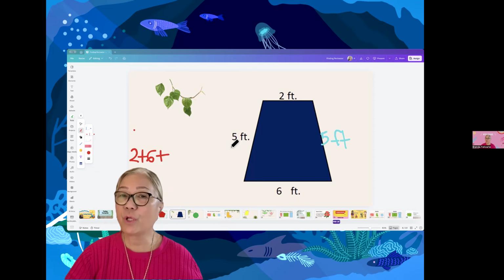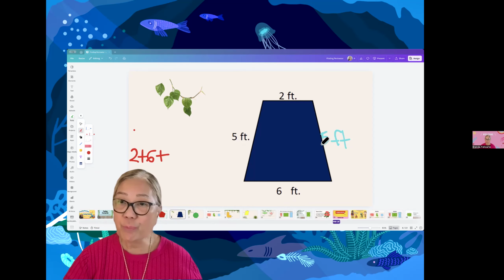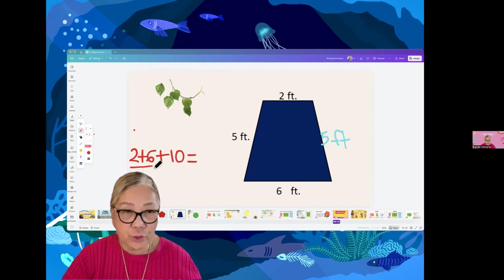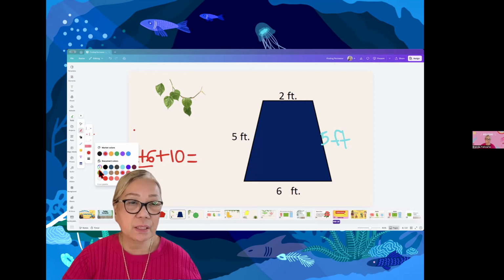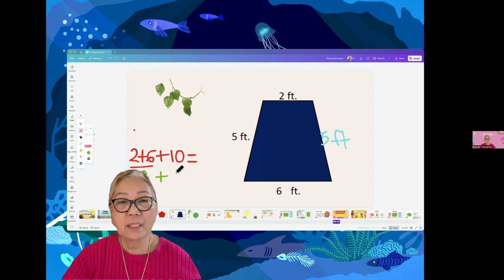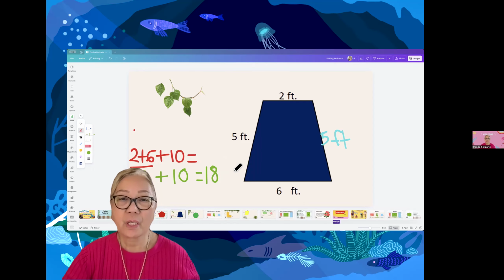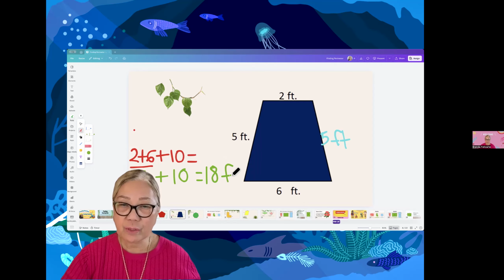If you want a shortcut, 5 plus 5 is 10. 2 plus 6 is 8, plus 10 is equal to 18. 18 what? 18 feet.